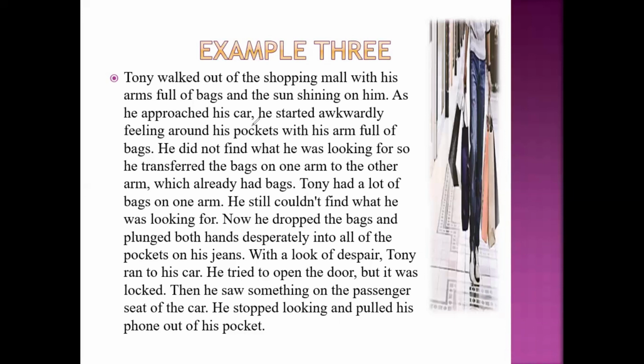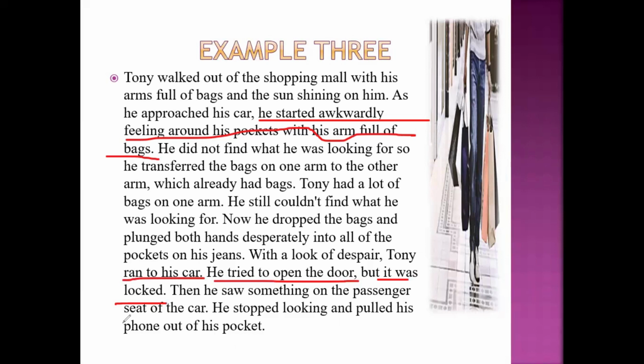All right, so how did we come to that conclusion or to that assumption? It says 1, started feeling awkwardly around his pocket. That's the first one. Then he ran to his car, tried to open the door, but it was locked, right?